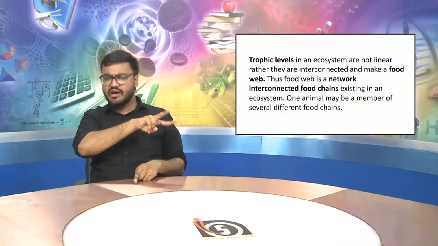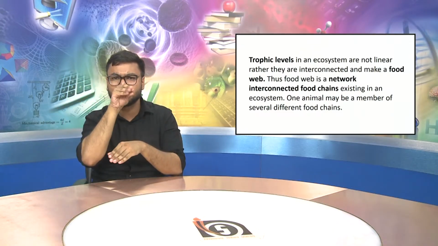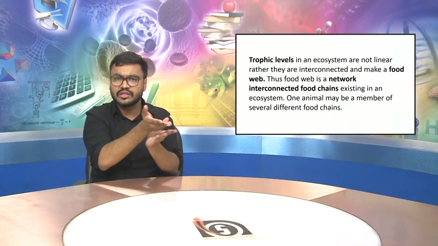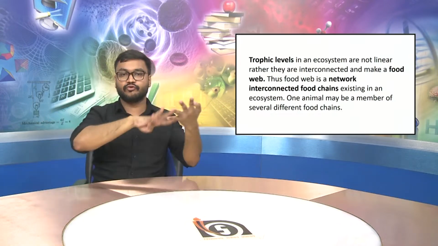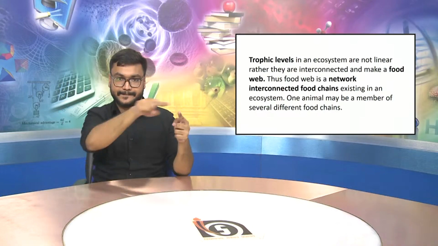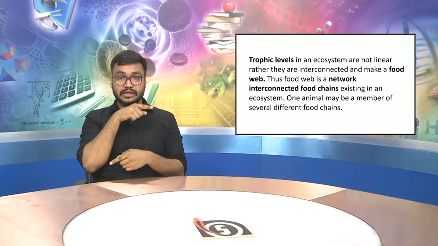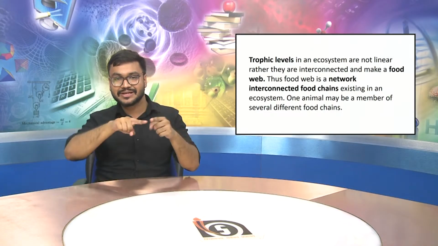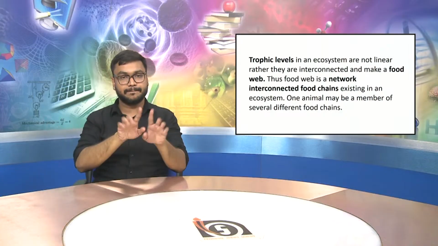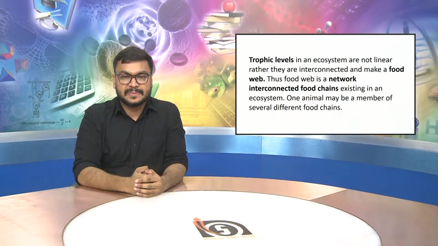Thus, food web is a network of interconnected food chains existing in an ecosystem. One animal may be a member of several different food chains.